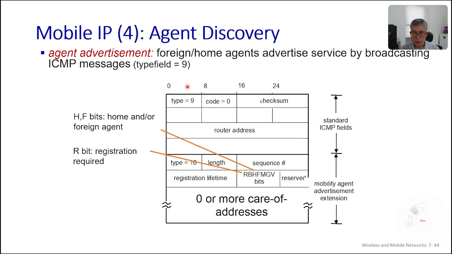This is the ICMP header for agent advertisement. Especially here is the router address, and these are the bits including the home agent bit and foreign agent bit. The R bit is registration required. In that case, the foreign agent allocates a care-of address for the mobile node.